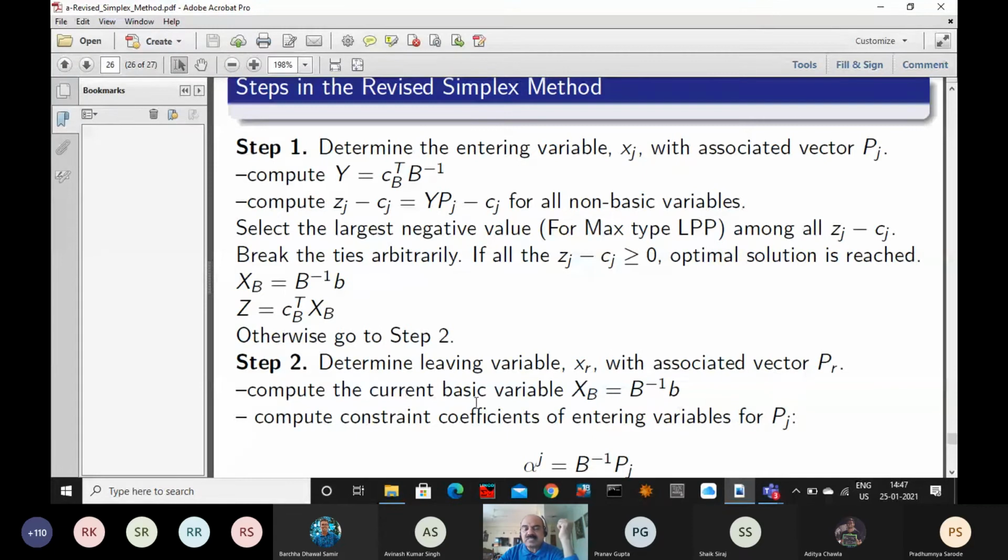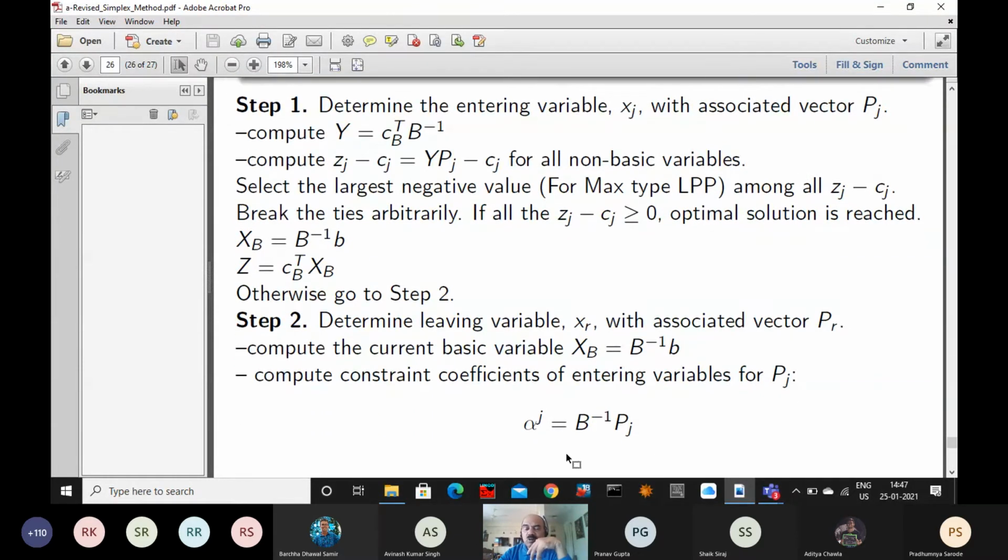Compute the current basic variable XB: XB equal to capital B inverse into small b. Compute the constraint coefficients of the entering variable Pj, that is alpha j equal to B inverse into Pj, a particular column. B inverse is known, so we multiply it by Pj to get alpha j.